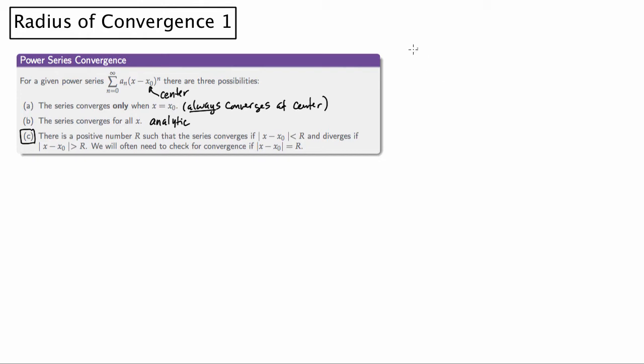So just consider here for a second that we have a sum, and our center point is at the point x naught. Then saying that the absolute value of x minus x naught is less than r, that's the same thing as saying that x minus x naught is less than r, but it's also greater than negative r.